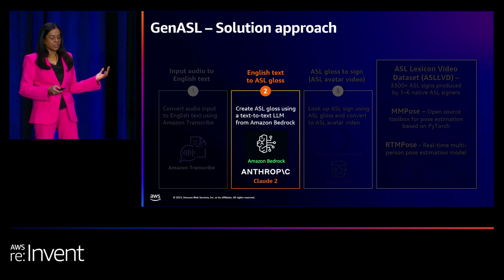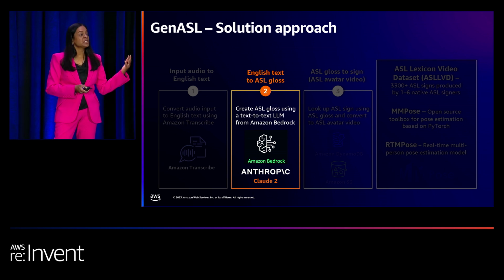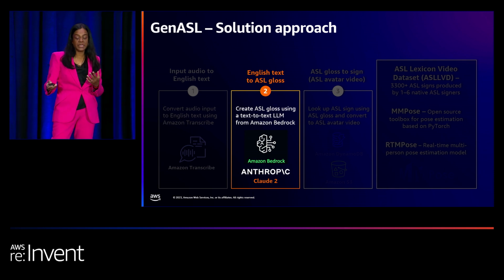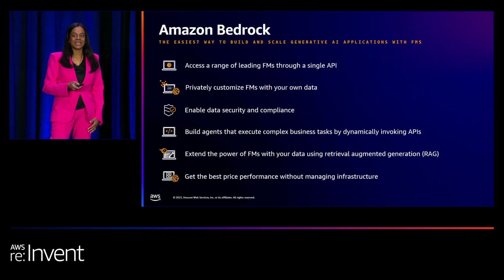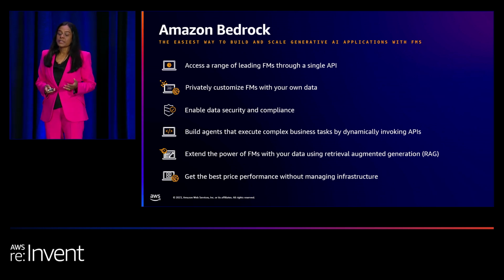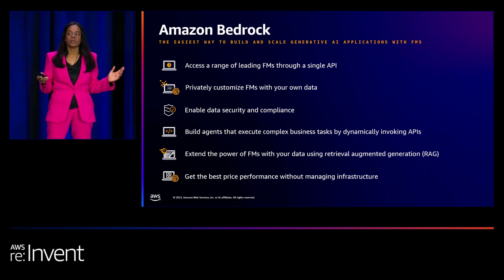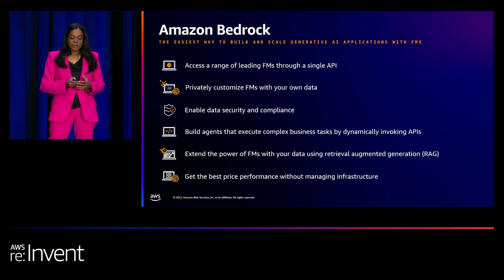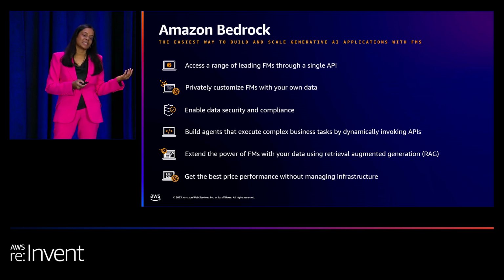So in step 2, we're going to be generating the ASL gloss. And we are using Amazon Bedrock, and specifically Claude V2 LLM provided by Anthropic. Amazon Bedrock is the easiest way to build and scale generative AI applications with foundational models. The biggest value proposition of Bedrock in the market is the ability to accelerate development.